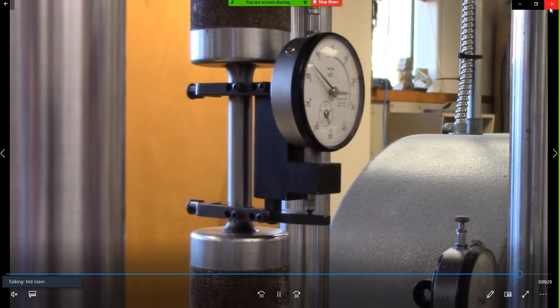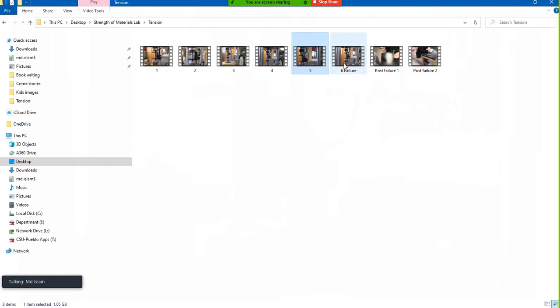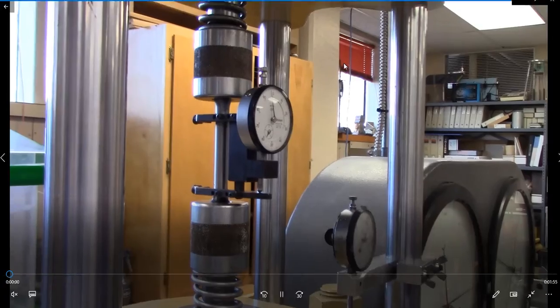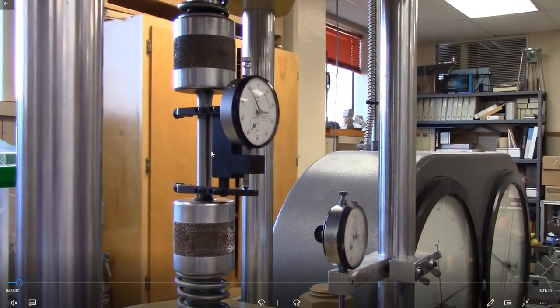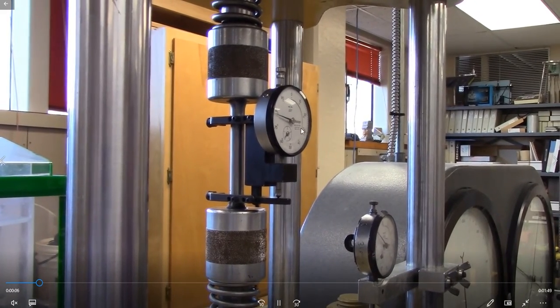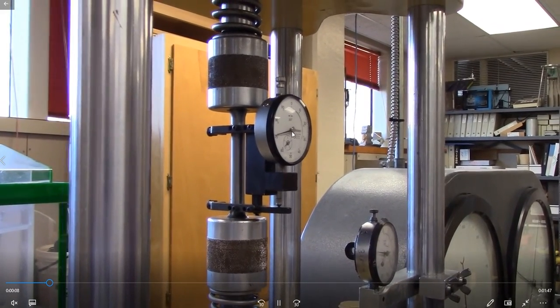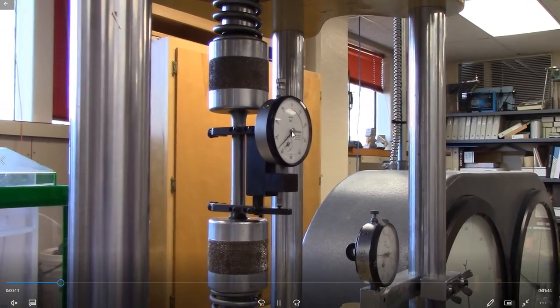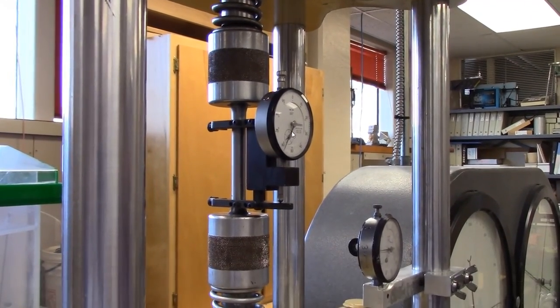Okay, next figure. This figure is very important. You will see the necking. Watch carefully. You can see the dial gauge is moving, and this is after the yield point, in the plastic region.